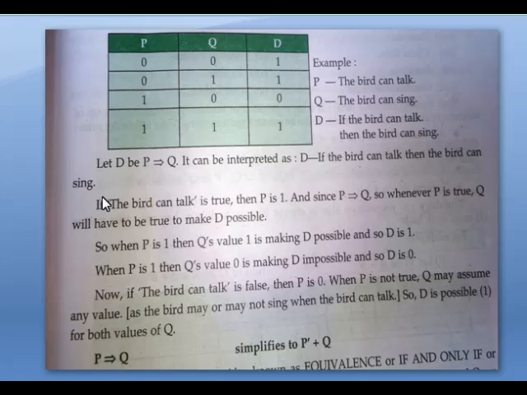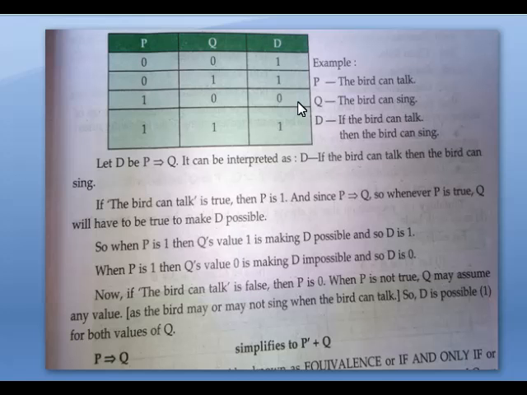If the bird can talk is true, then P is 1. And since P implies Q, whenever P is true, Q has to be true to make D possible.